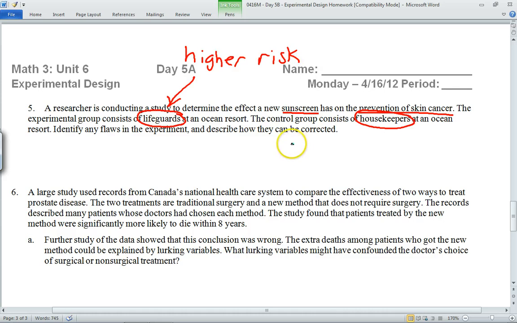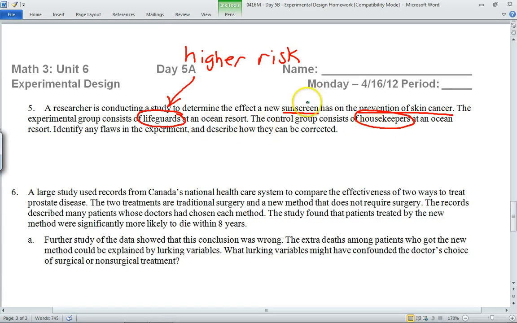in the first place. So, by comparing lifeguards and housekeepers, if it turned out that lifeguards had more skin cancer, okay, then let's see that they were the experimental group. They're the ones getting the sunscreen. So it would make it look like the sunscreen is not working because we'd have more people, even though they're using the sunscreen, getting more skin cancer. And then the people that are not using the sunscreen are getting less skin cancer.